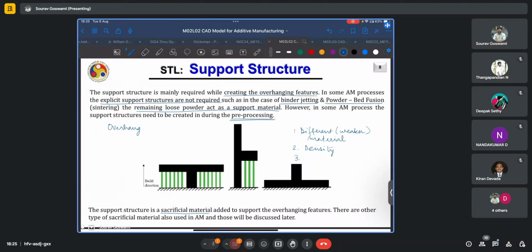It can be preferentially soluble in certain chemicals, even water, or in cases like FDM, it can be, say, of a different color.